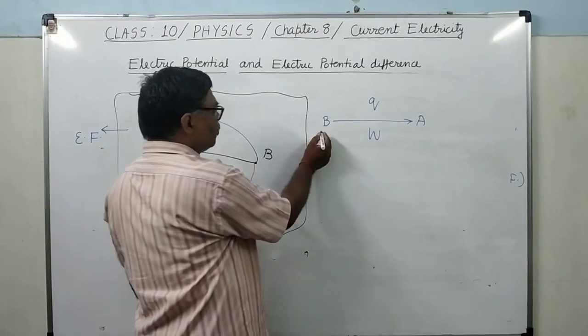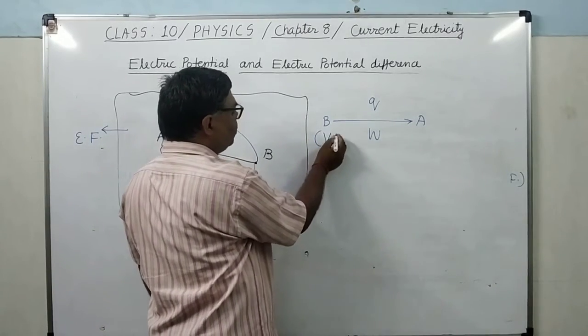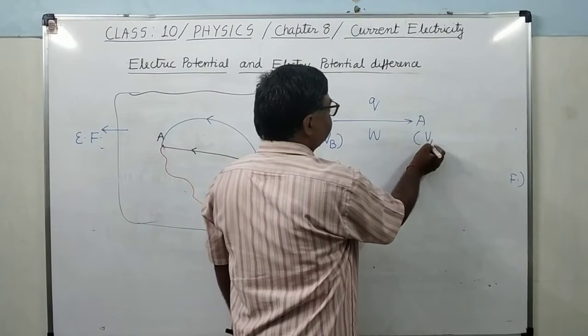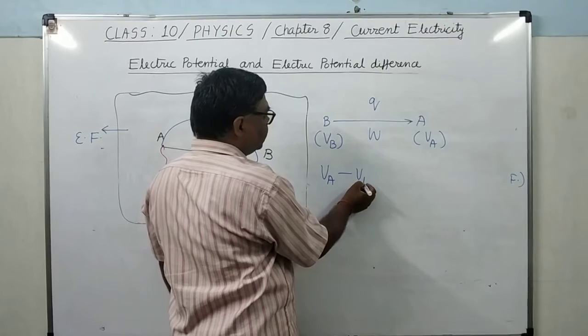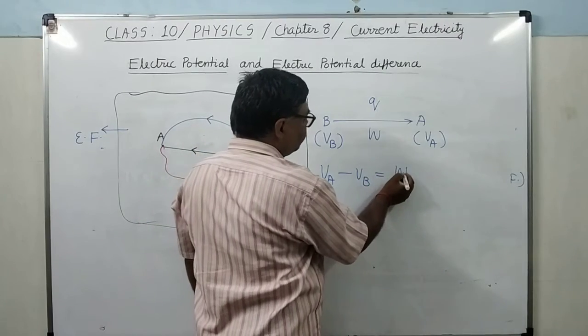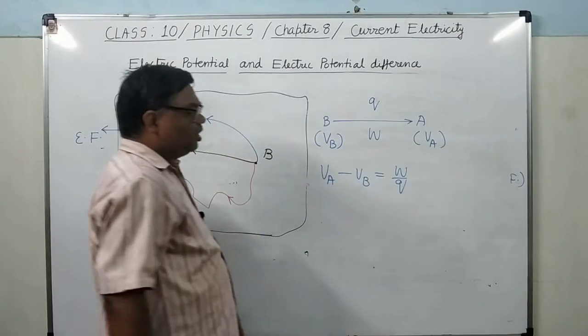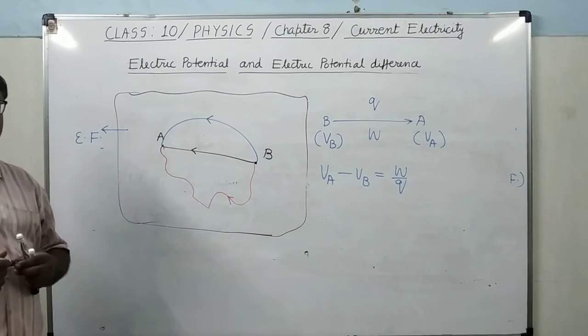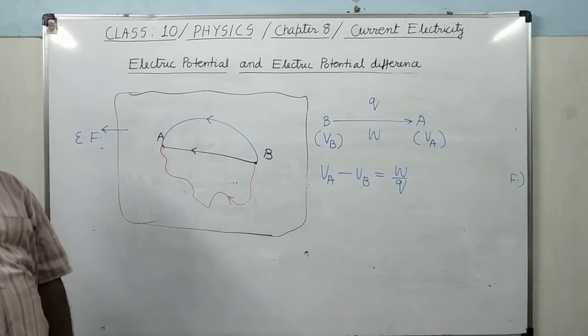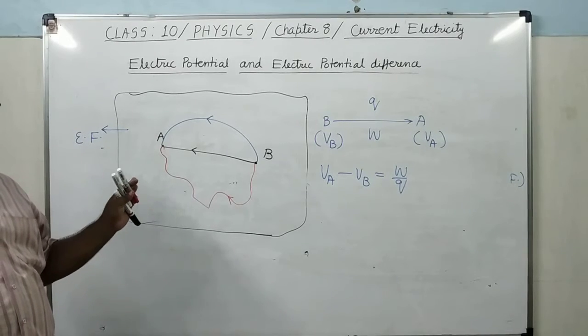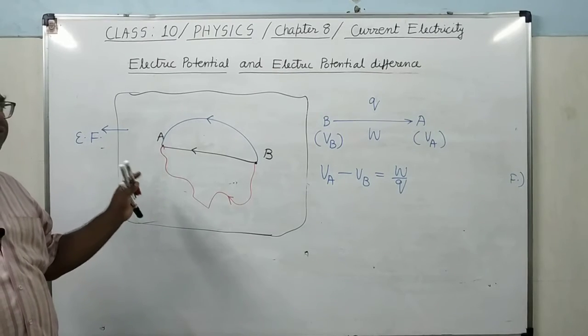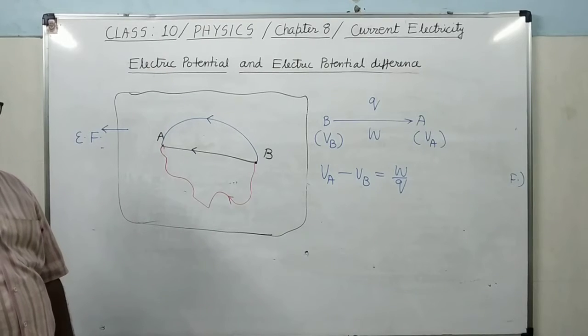Assume that potential at point B is VB and at point A is VA. Then VA minus VB will be equal to W upon Q. It's clear? It is equal to the work done in carrying unit positive charge from one point to another point.